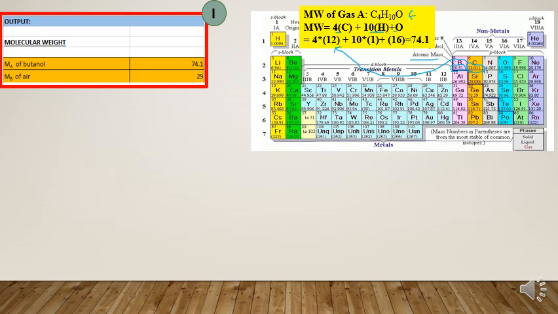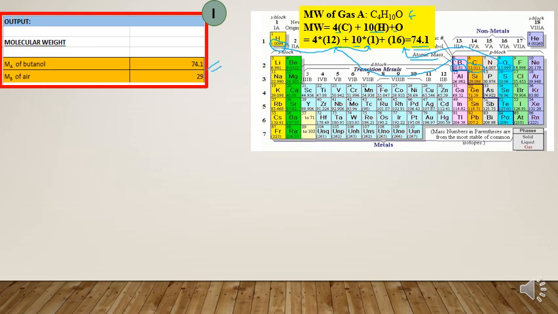Hydrogen here is 1.0094, I take it as 1 and multiply with 10 because it consists of 10 hydrogen. And the last one, oxygen, is 15.99, which I take as 16. At the end you get 74.1, which is the MA.